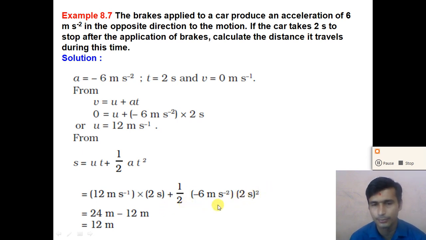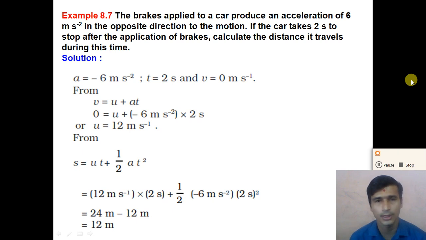So here if you multiply 6 into 2 square, 24 divided by 2, we get 12. So 24 meter minus 12 meter, we get 12 meter. So dear student, distance traveled by the car is 12 meter after the application of the brake. After applying a brake, the car will be stopped after traveling a distance of 12 meter.